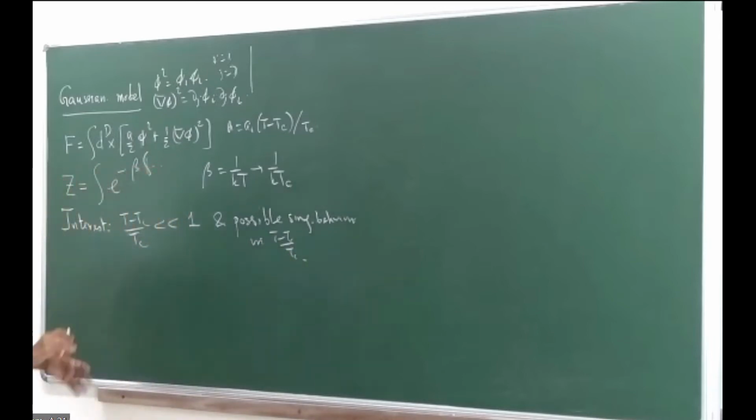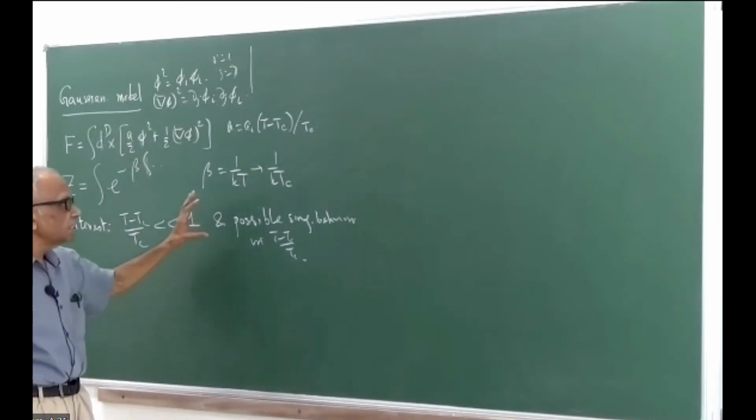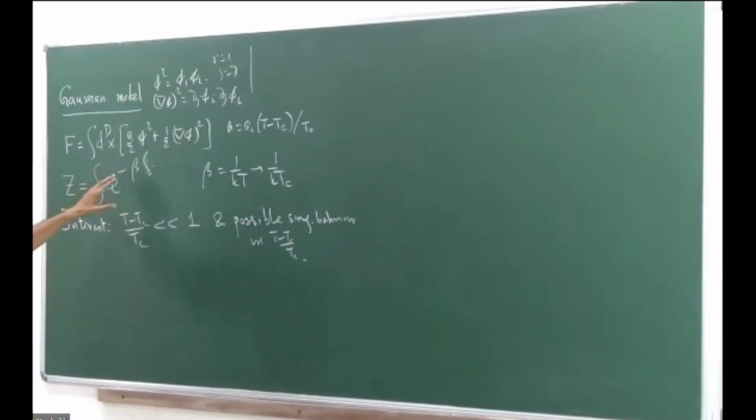So that is a very narrow interest over here. And that is what allows me to keep the beta constant. Otherwise, it would be a mess. So anyway, that's point number 1.